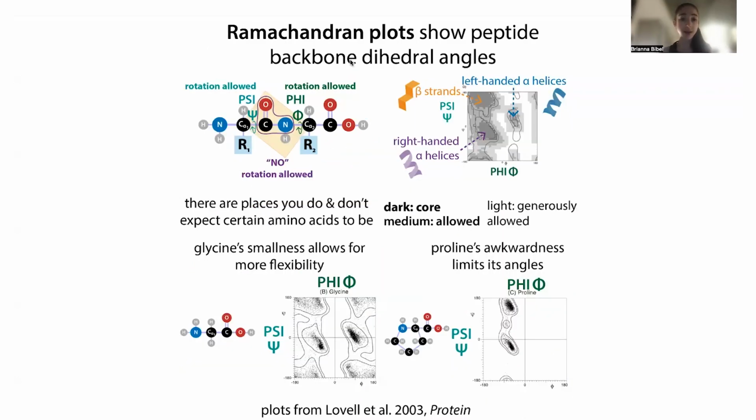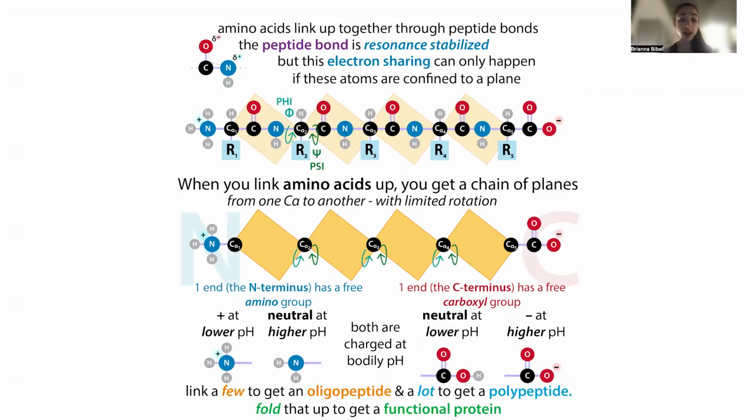So the unique side chains of the individual amino acids are going to influence the angles, but there are characteristic angles that these amino acids can take on. When the backbone takes on those different angles, we call these dihedral angles, because they're angles between planes.